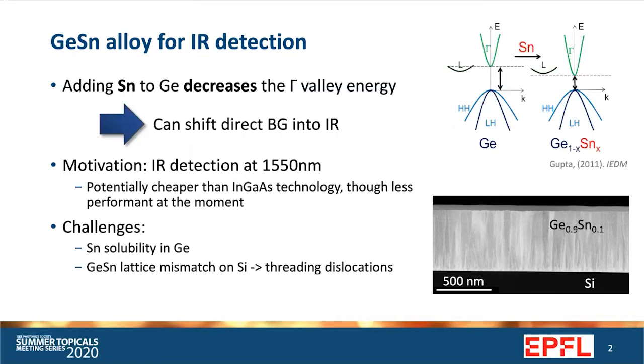And the second most important challenge is that the lattice mismatch of germanium tin on silicon is more than 4.2% and increases the more tin we put into the alloy. Lattice mismatch has to be relaxed through the formation of threading dislocations. And the threading dislocations are a source of dark currents, which are at the moment what limits the performance of germanium tin compared to indium gallium arsenide.